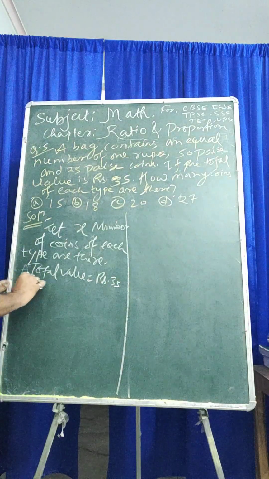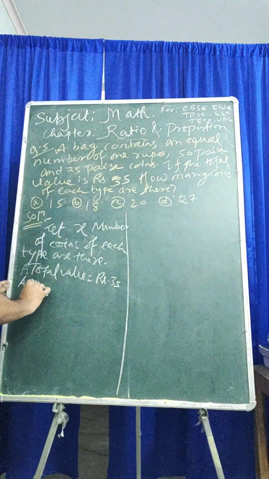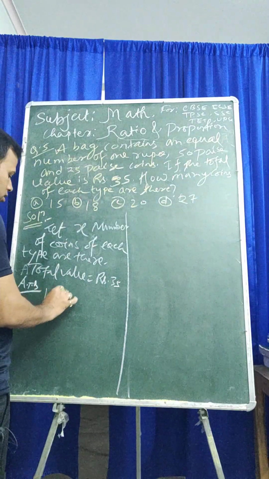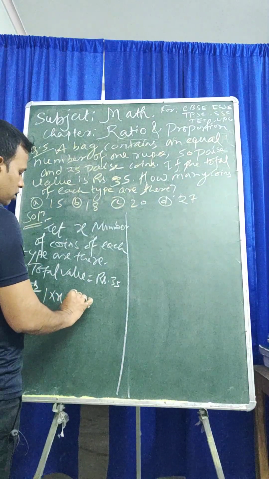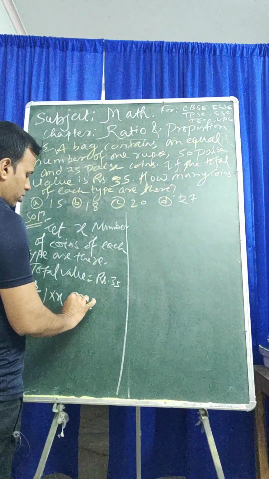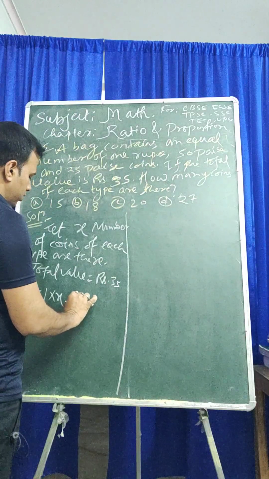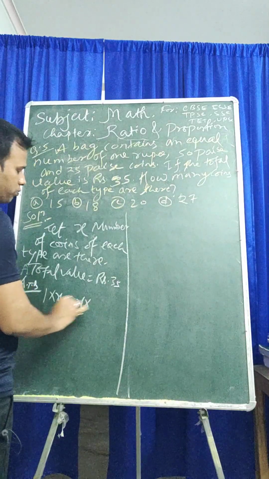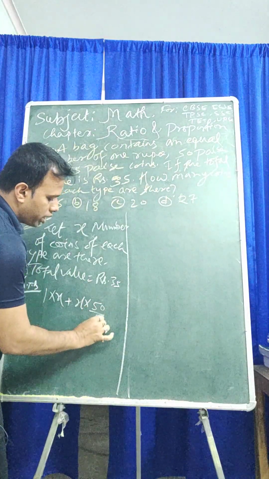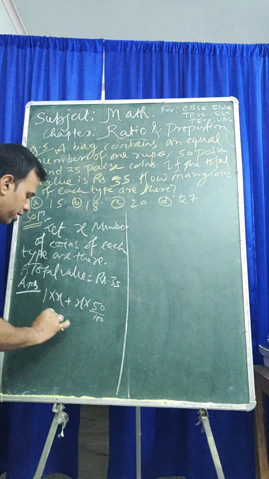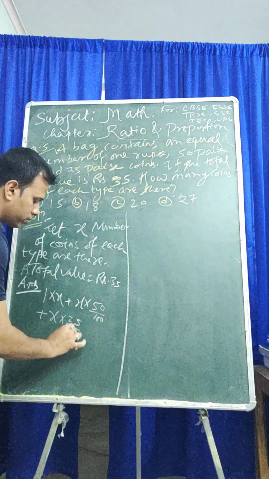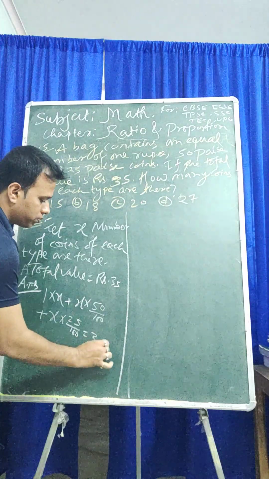So according to the question we can write: 1 into x plus 50 paise, that is x into how much? 50 paise, that is 50 by 100. I converted into rupees, okay? And here x into 25 by 100 is equal to 35.